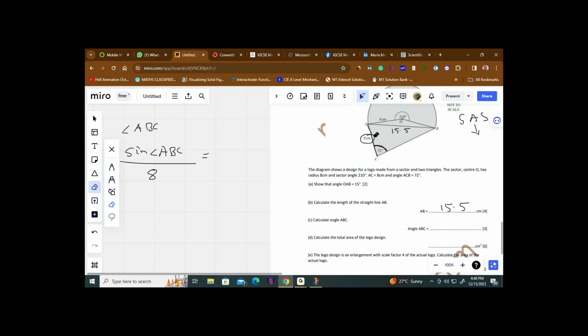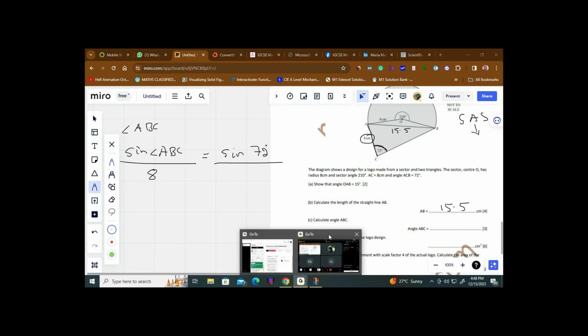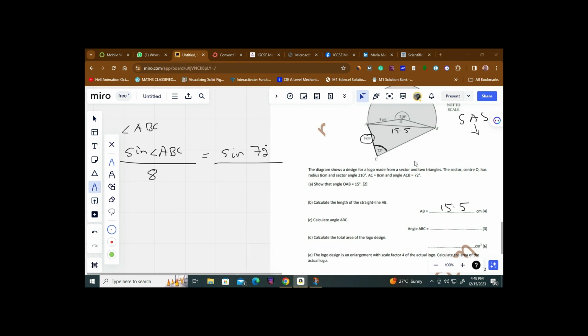I would appreciate it if you write in the chat box. Which side is right opposite to 72 degrees? Of course, AB.